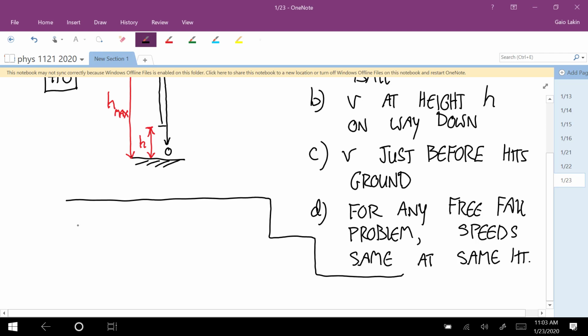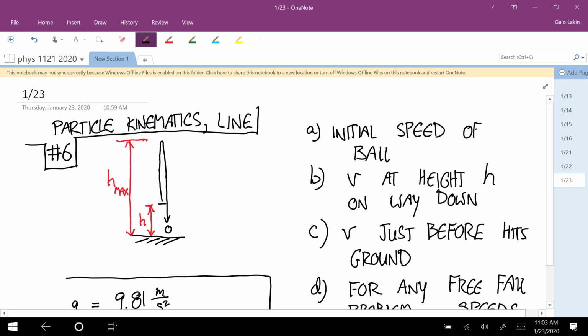I'm also going to use this constant g as equal to 9.81 meters per second squared. And for a zero position, just because I always do it, I'm going to put my zero position on the ground and my positive direction up.